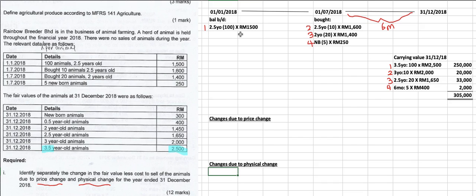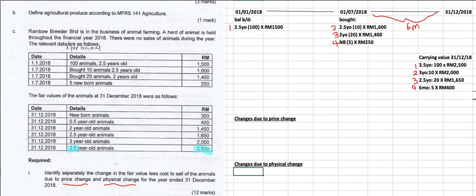On 1st January the price is 1,500. But how does this price change on 31st December 18? So what we look at is the same age group, 2.5 years old here on 31st December. This 2.5 years old, the price is 1,650.